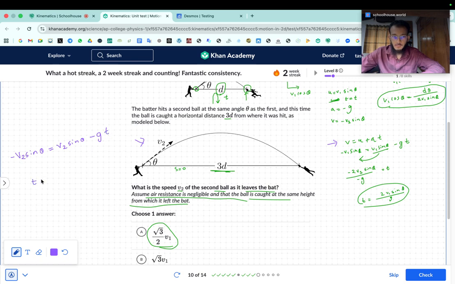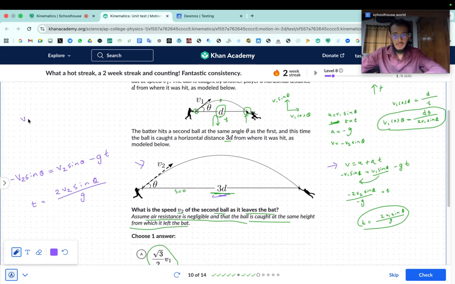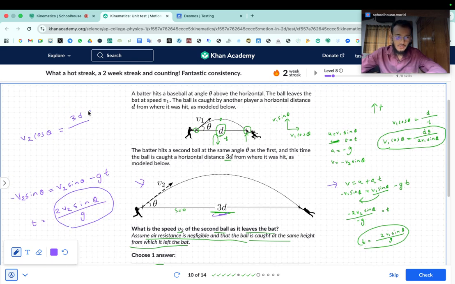And so from here, t would be equal to 2v2 sine theta divided by g, because vertically it's the same thing, except for the horizontal distance. So for horizontal distance, we have v2 cos theta, speed equals distance, which is 3d, divided by time taken, which is this. So g comes here, and we have 2v2 sine theta.